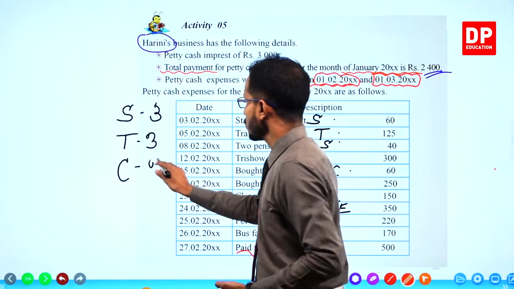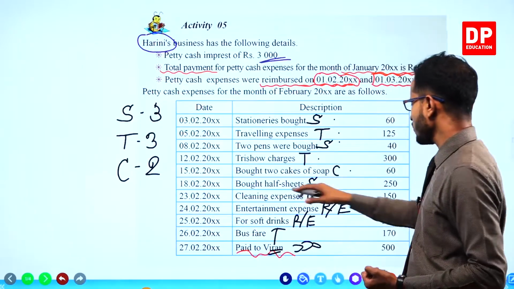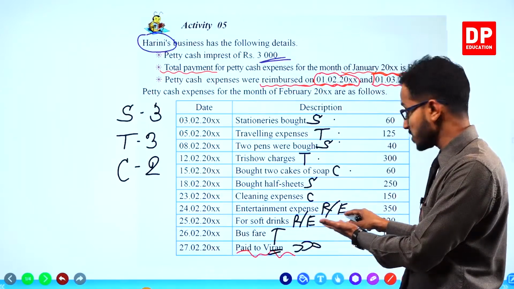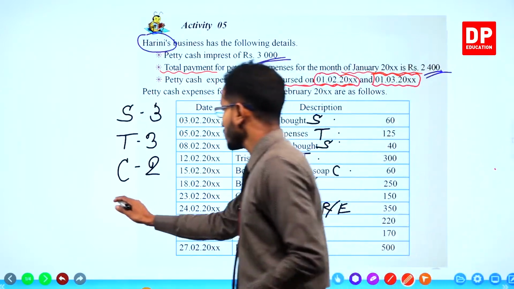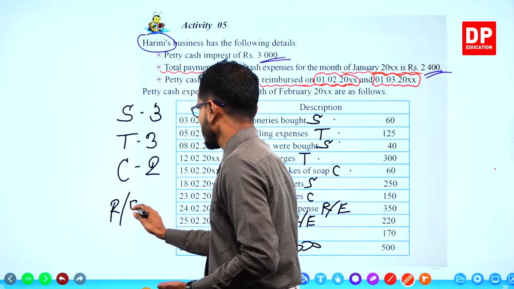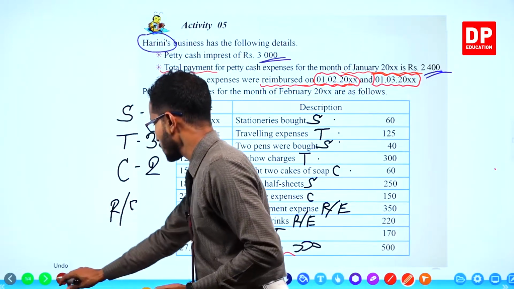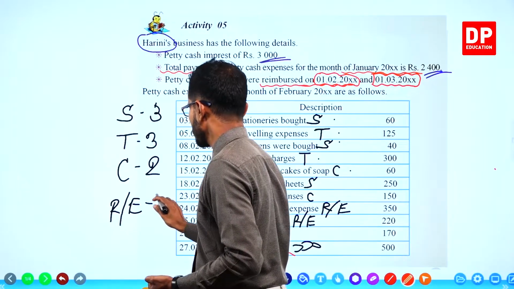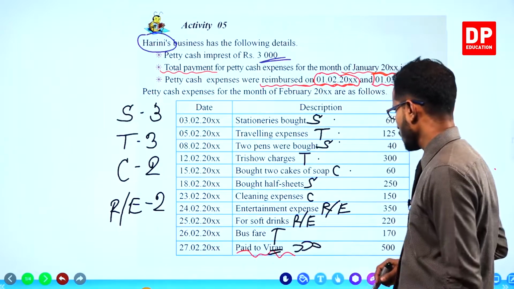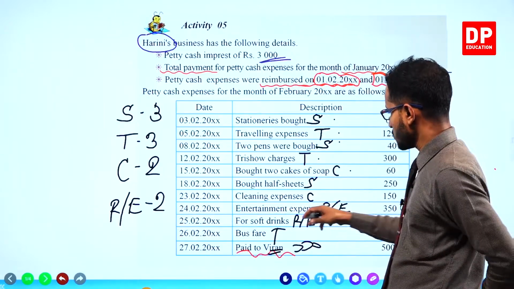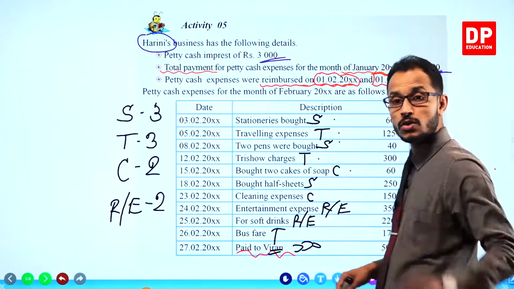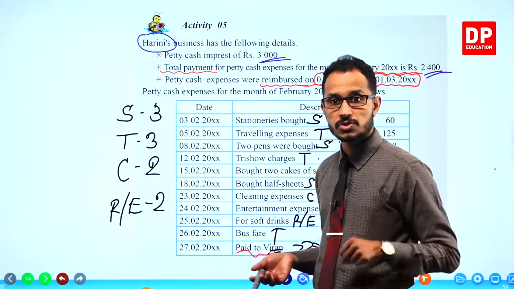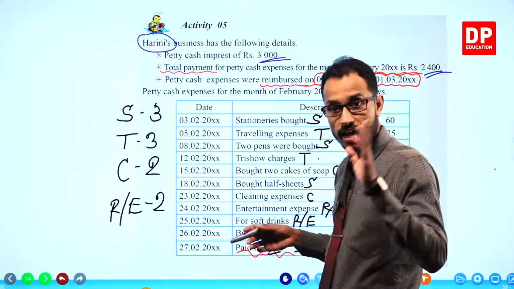Then we have refreshments or entertainment expenses. We have 2 items that we can take under the refreshments or entertainment category.